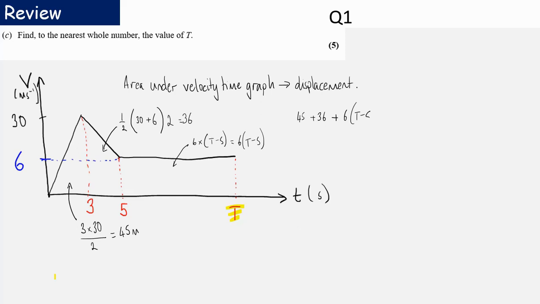So those three distances added together give me a total of 550 meters. Quick bit of rearranging now gives me the following. I was asked to round this to the nearest whole answer. Final answer.